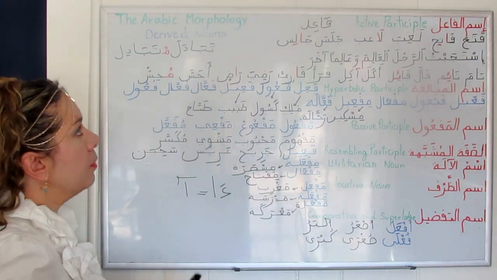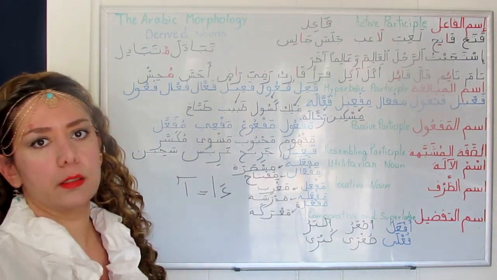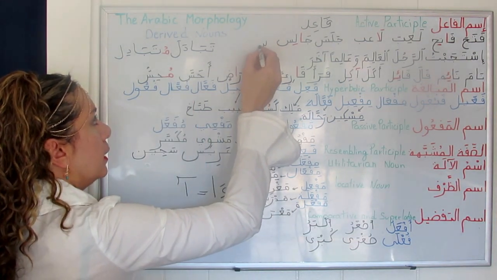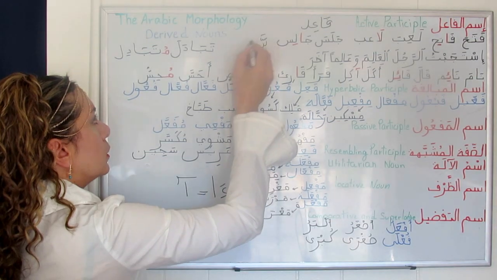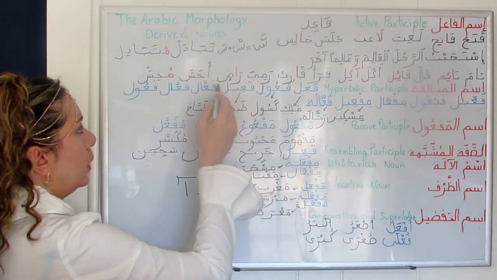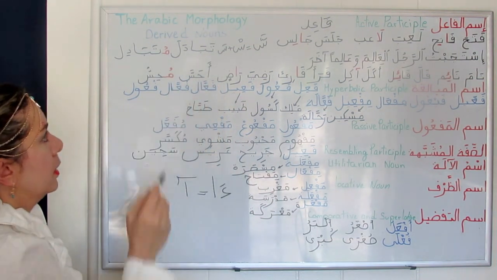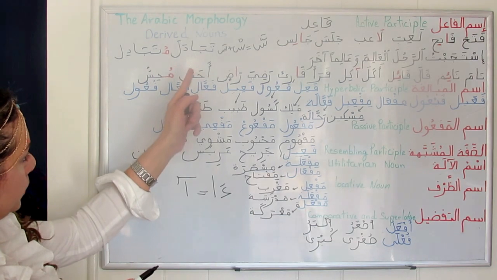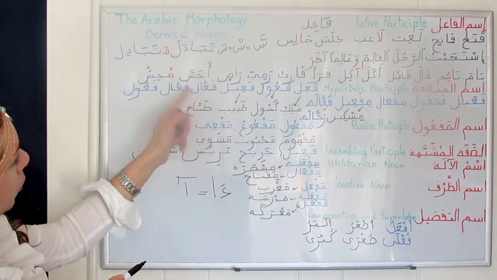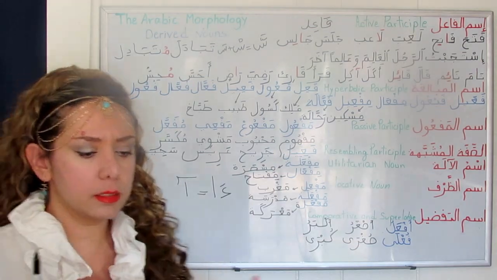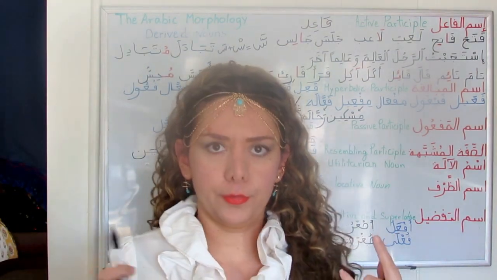Ahassa, here we have 4 letters because of the shadda, sa equals sin with sukun plus sin with fatha. So we have hamza, ha, sa. When you have such a pattern of a word, أحس, it means to perceive.